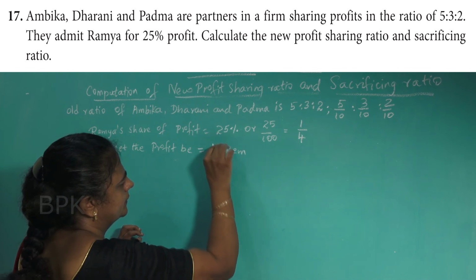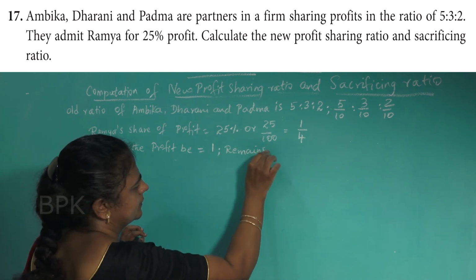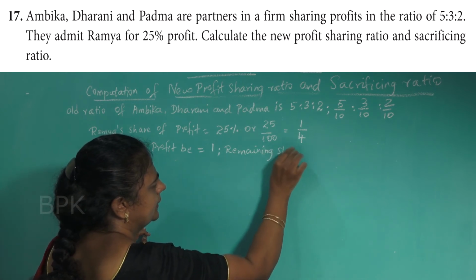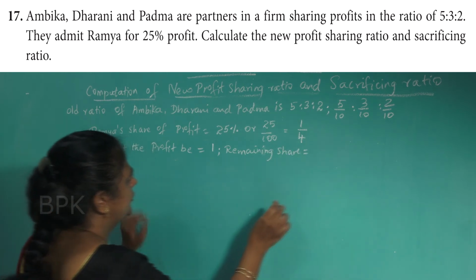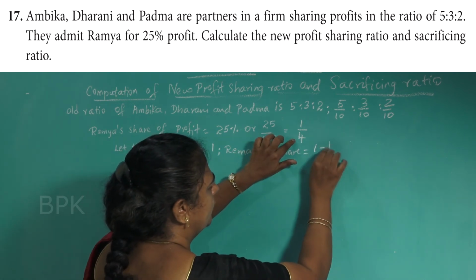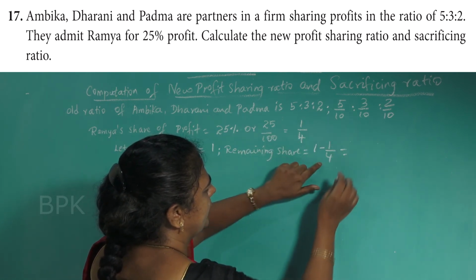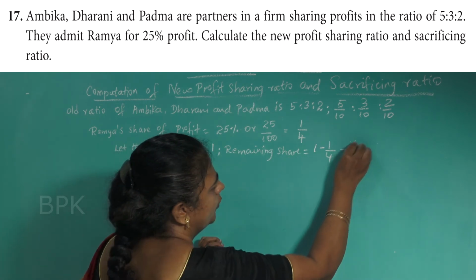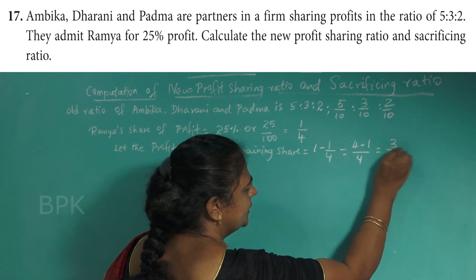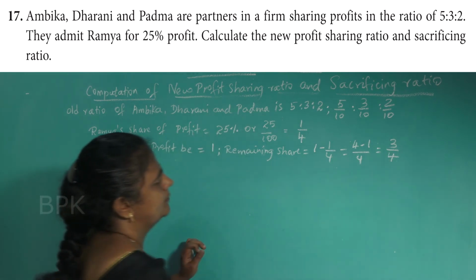Remaining share is equal to, profit is 1, 1/4 will go to Ramya. So the remaining share will be 1 minus 1/4, that will be 3/4. Remaining share is 3/4.